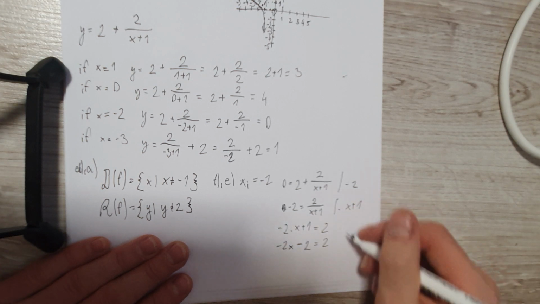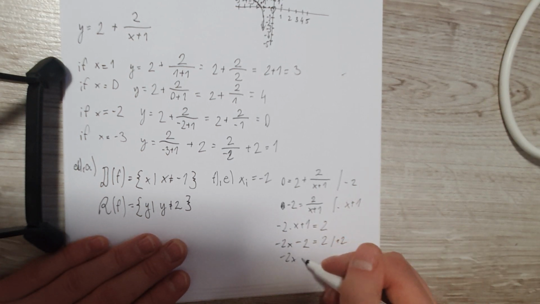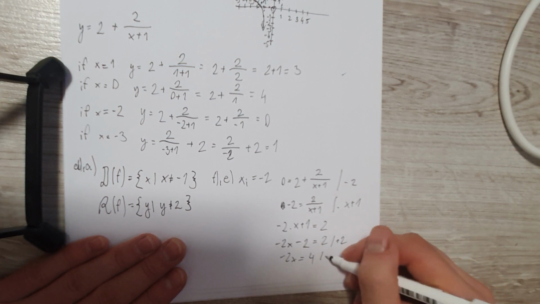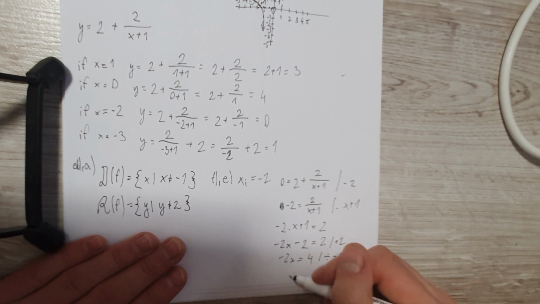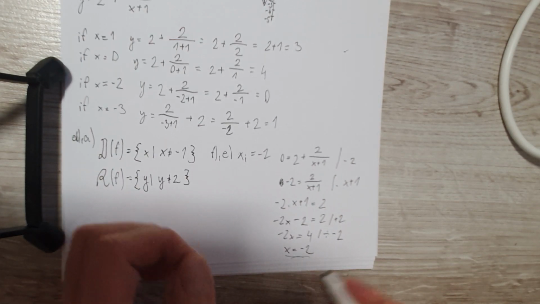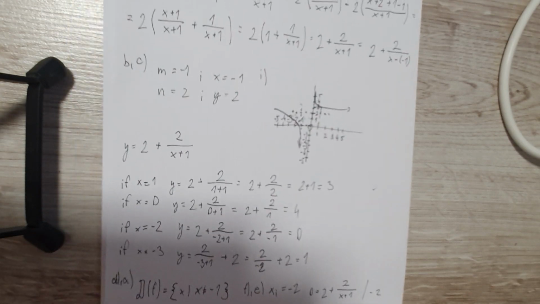I will add 2 to both sides, so -2x is equal to 4, and I will divide the whole thing by -2, and then x is equal to -2, as we can see. As I said, we can see it from the graph, but we made sure that this is right.